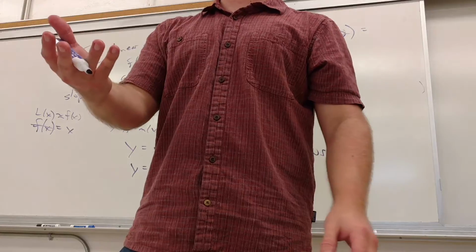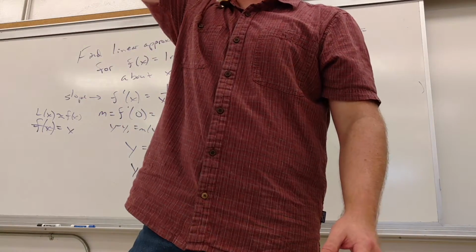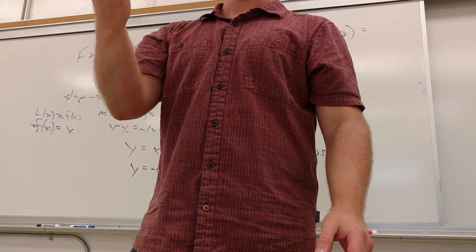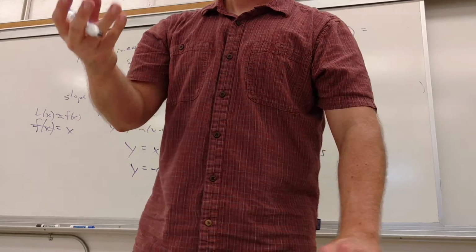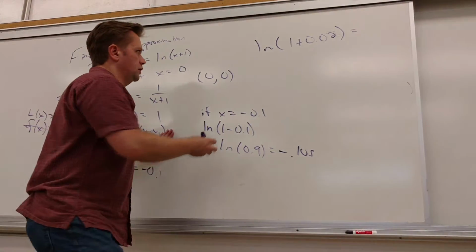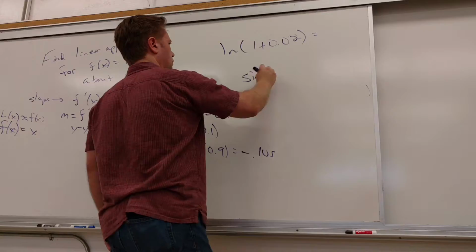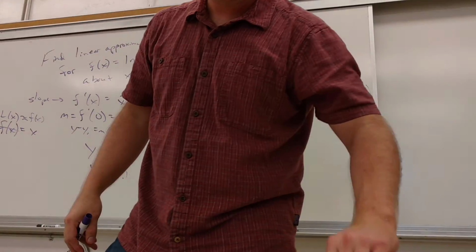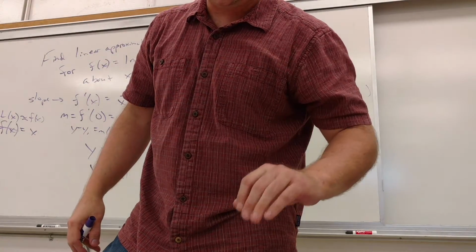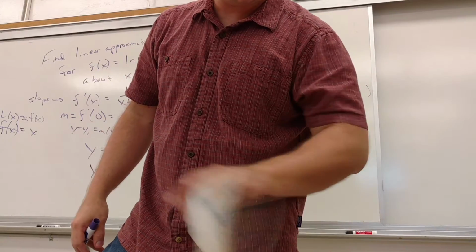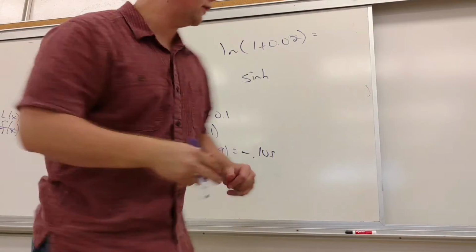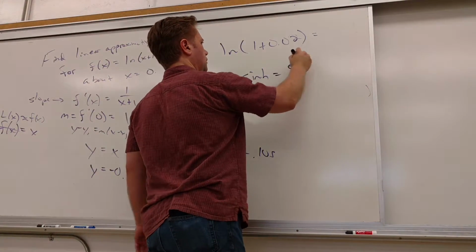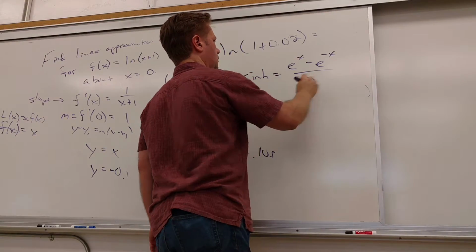I just want you to know they exist, these hyperbolic functions, and they are useful in a lot of different areas. This is page 259. They have the derivatives. Page 257, they have the definition.